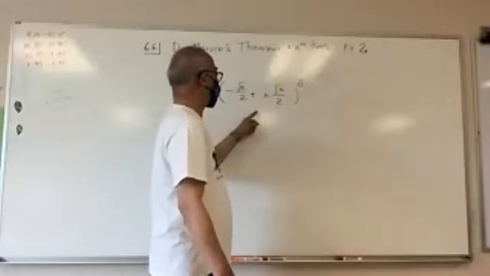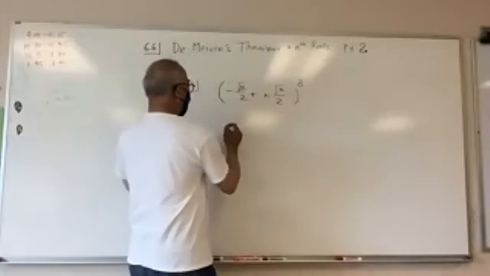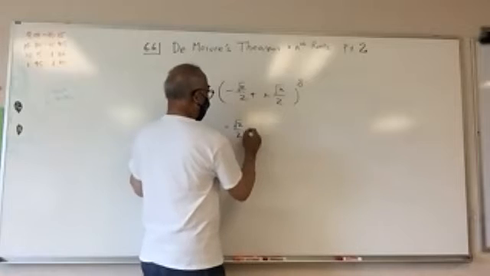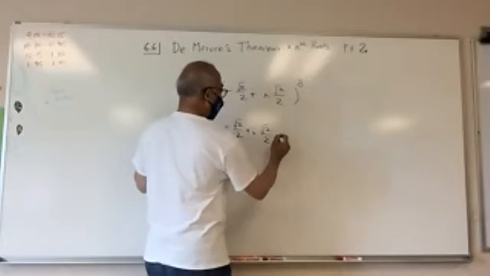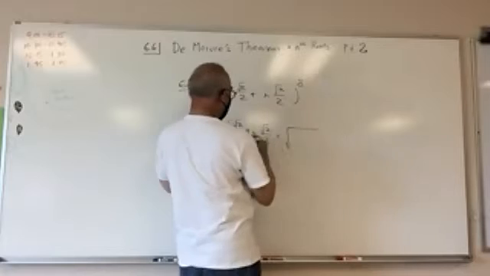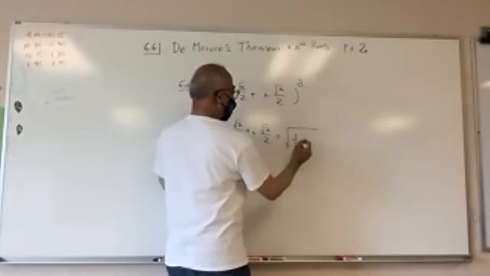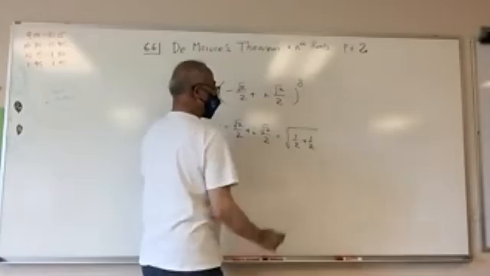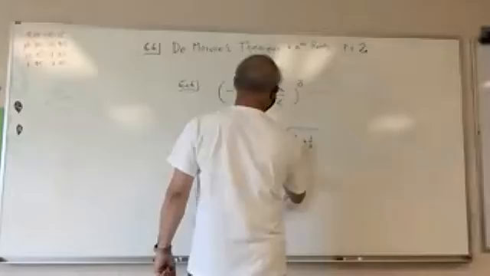So I have to make sure that this guy is in polar form first. So let's see if I can do that. I can transform this into polar form. R is going to be this squared plus this squared, which is what? 1. Okay, so actually this is a unit number, right?